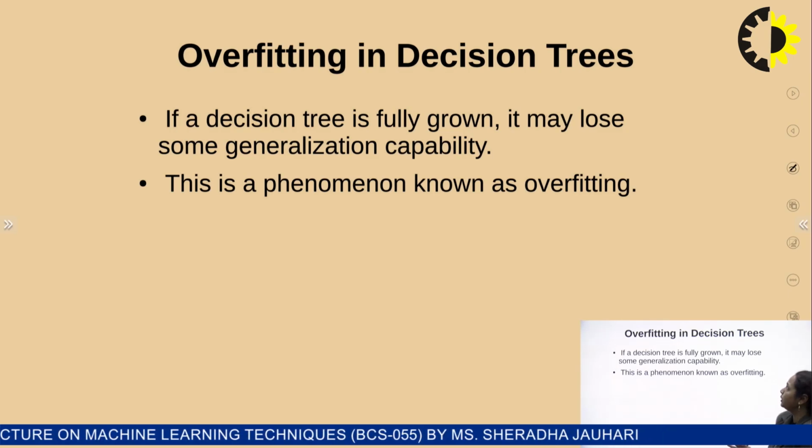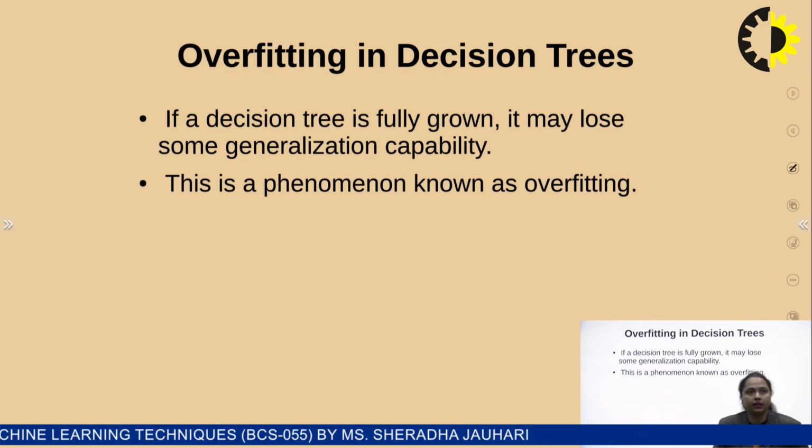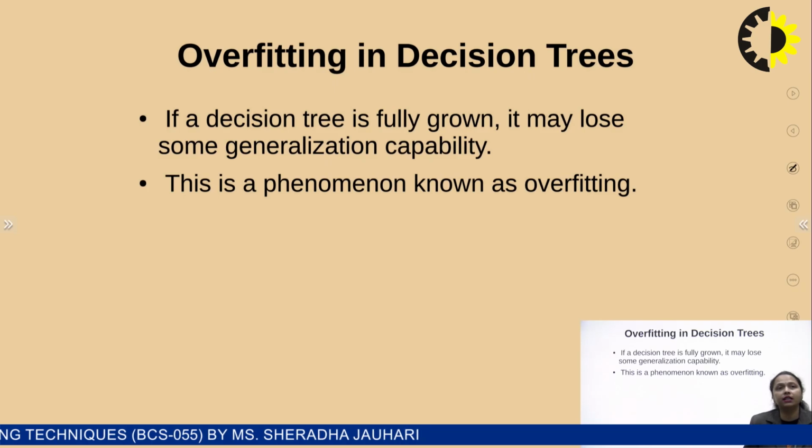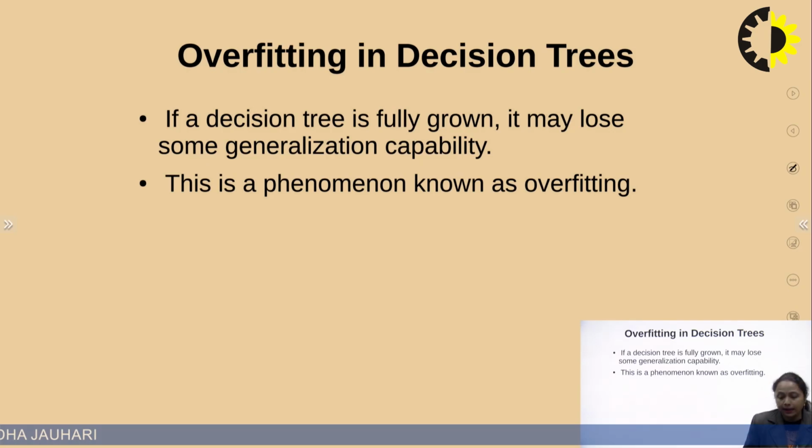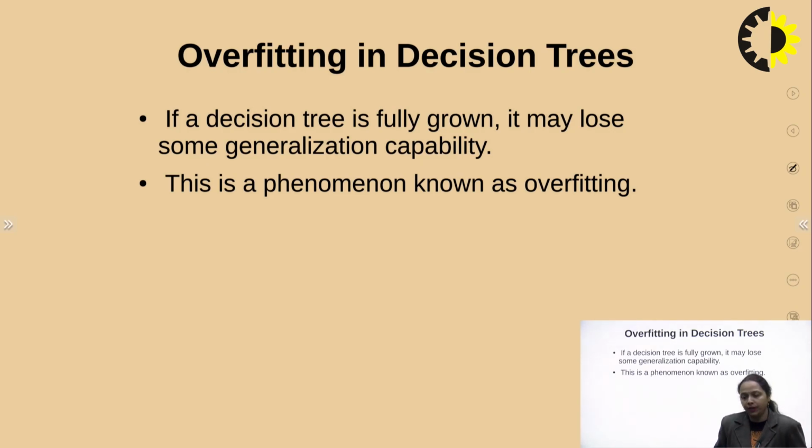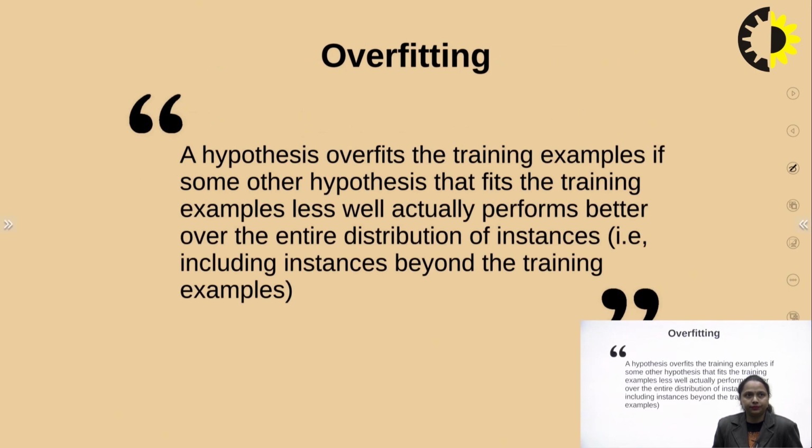Next term with the decision tree is overfitting. If a decision tree is fully grown, it may lose some generalization capability. This is known as overfitting. Whenever we have a complete depth of the decision tree, overfitting occurs.